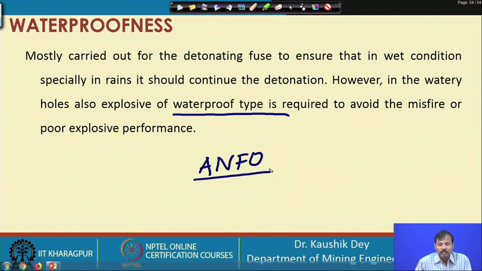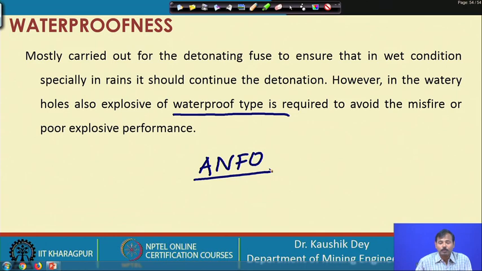However, in some cases ammonium nitrate based emulsion or slurry explosives may be used, because in those cases the ammonium nitrate prilled contents are surrounded by the oil phase, and that is why they behave like a waterproof explosive.